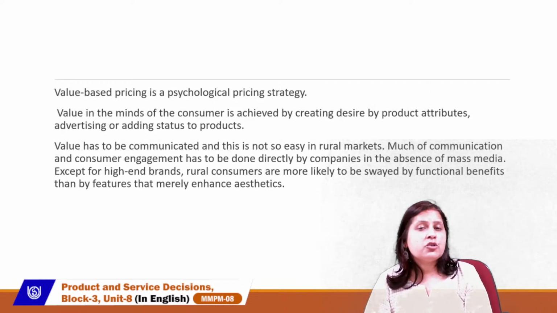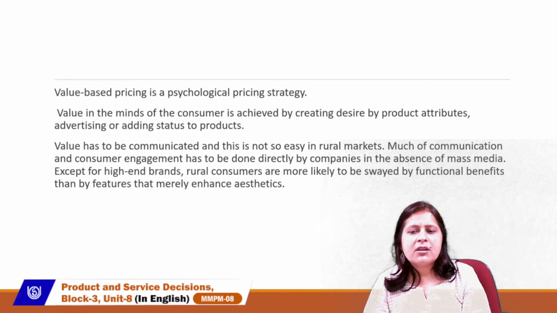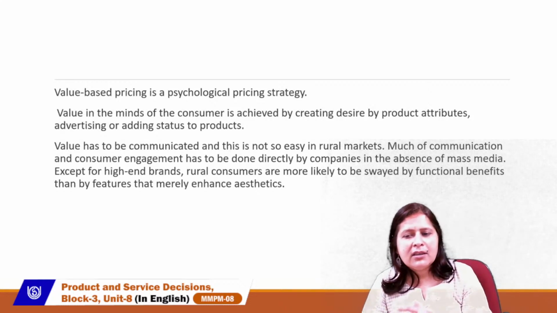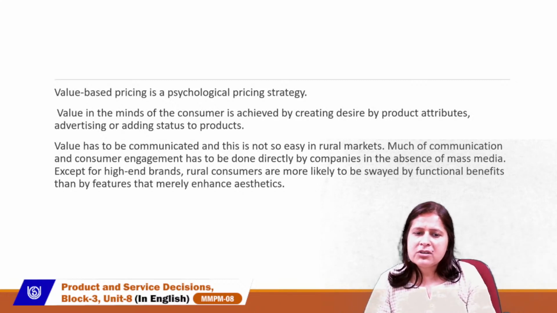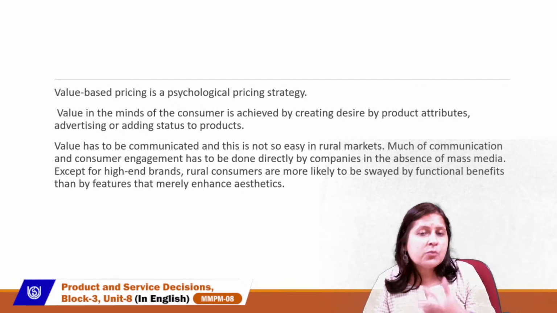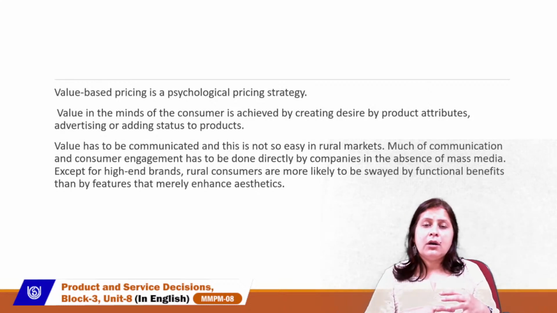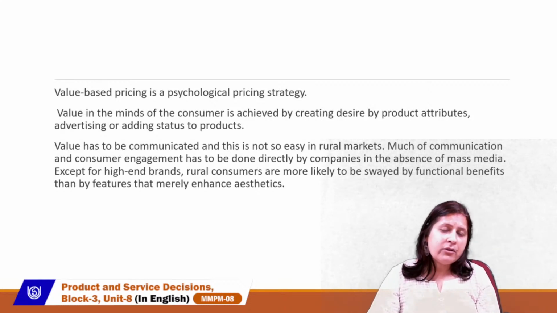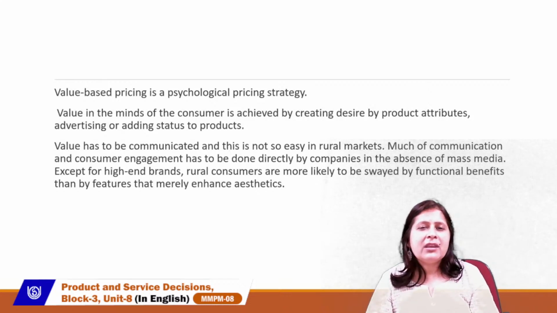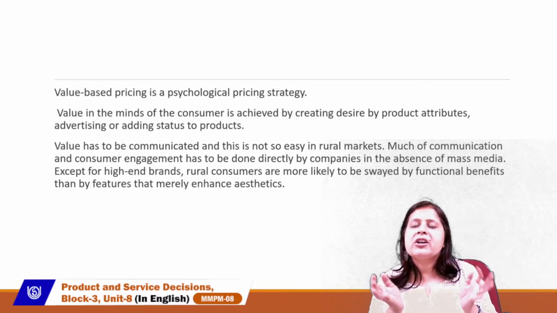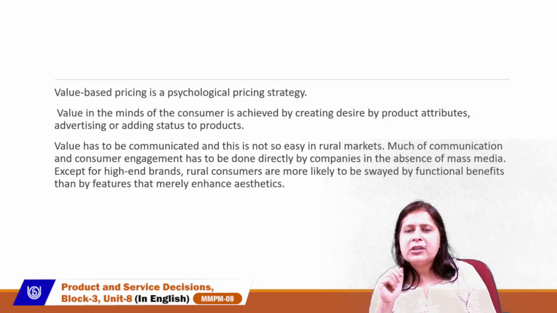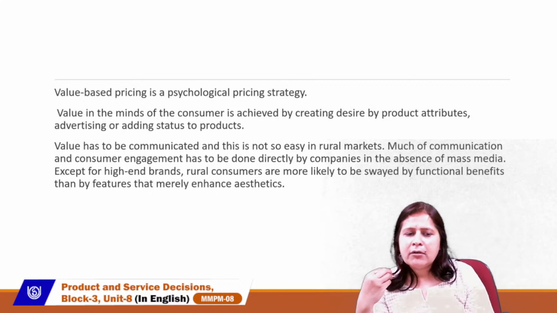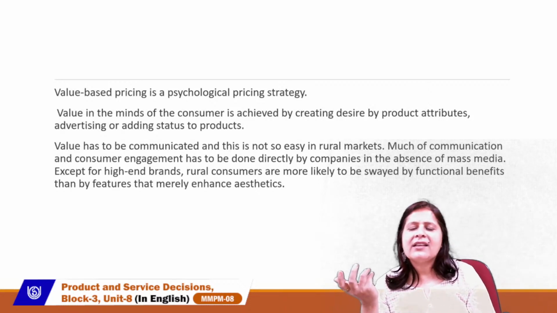Moreover, personal communication is required rather than mass media communication, because direct consumer engagement is required to tell them about the benefits of the product. Except for high-end brands, the rural consumer is more likely to be swayed by the functional benefits of the product rather than features that merely enhance the aesthetics.